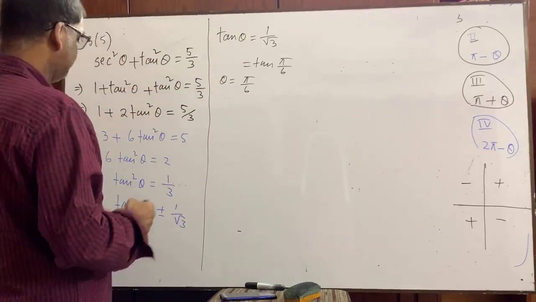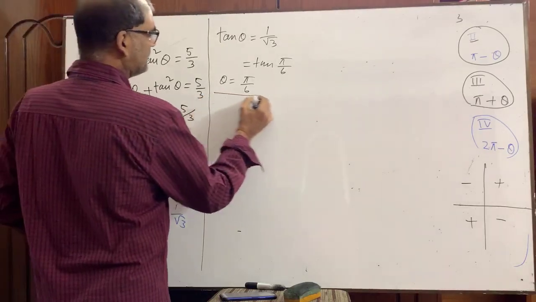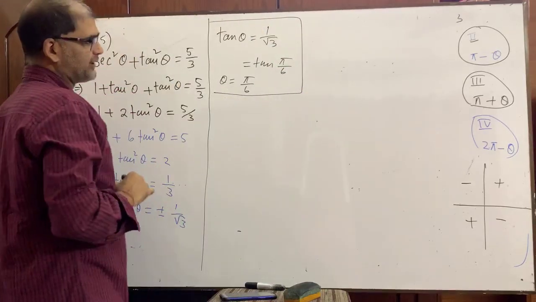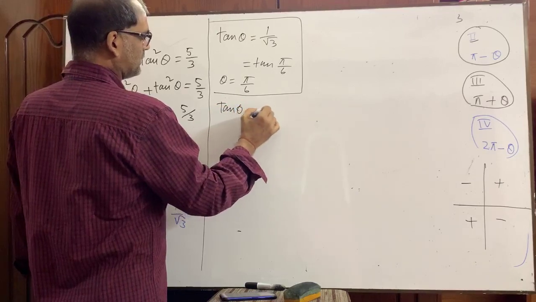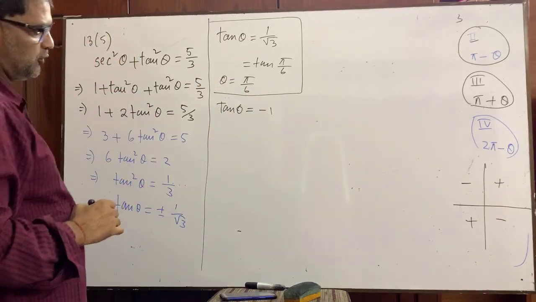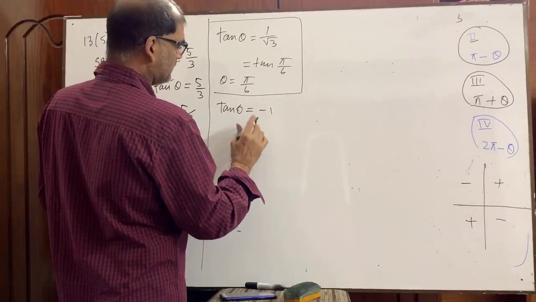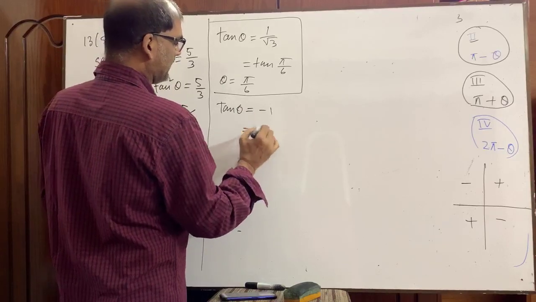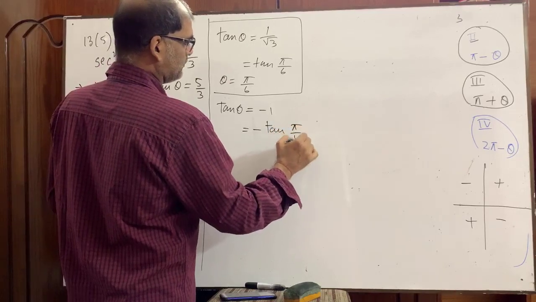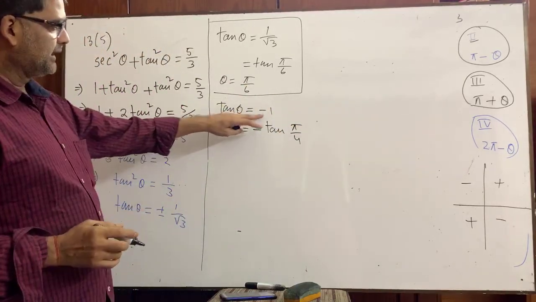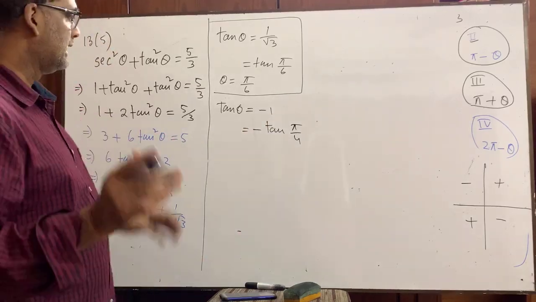Now I am going to the second quadrant. First quadrant is done. Now second quadrant, you see, tan theta is equal to minus 1 by root 3. In the second quadrant tan theta is negative. That means minus tan pi by 6. I'm sorry, I said pi by 4 earlier; extremely sorry.